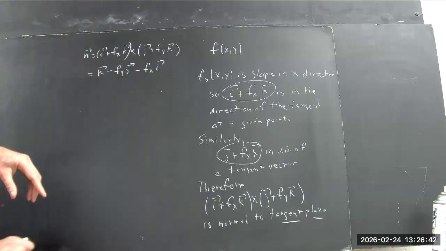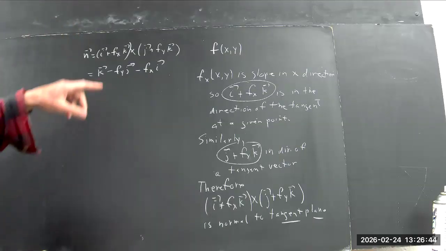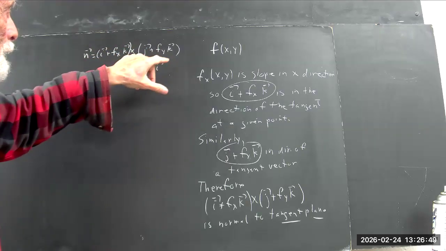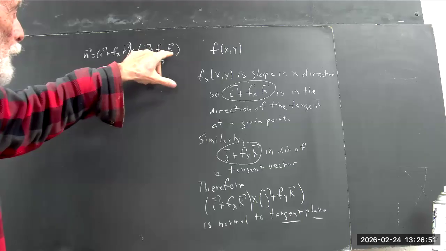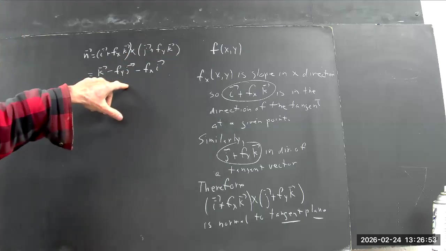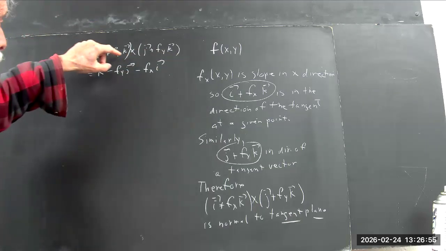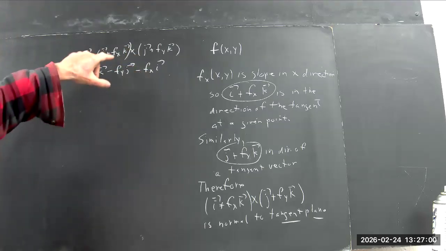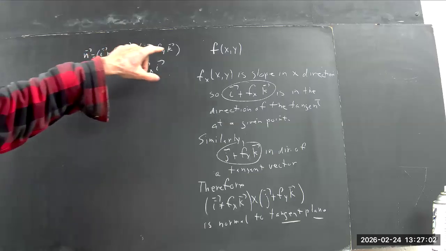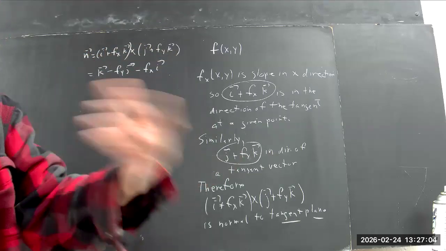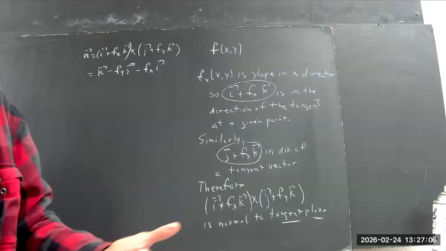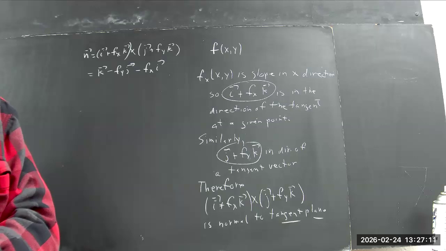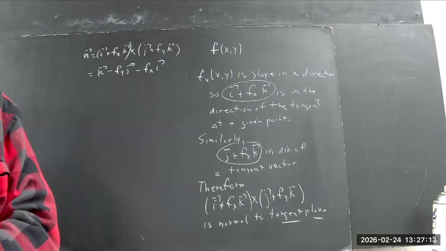So your cross product: i cross j is k, i cross fy k is negative fy j, fx k cross j is negative fx i, and fx k cross fy k is zero because k is parallel to itself. The cross product is zero. The sine of the angle between two parallel vectors, 0 degrees, sine of 0 is 0, right?